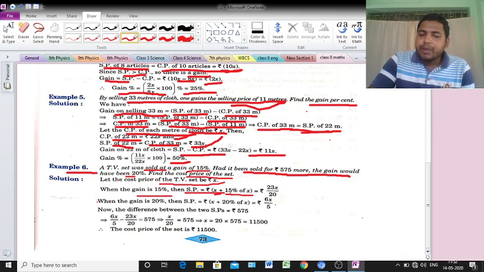x is CP and 15% of x is the profit. So CP plus profit gives SP, because we know the formula profit equals SP minus CP, so SP equals CP plus profit.